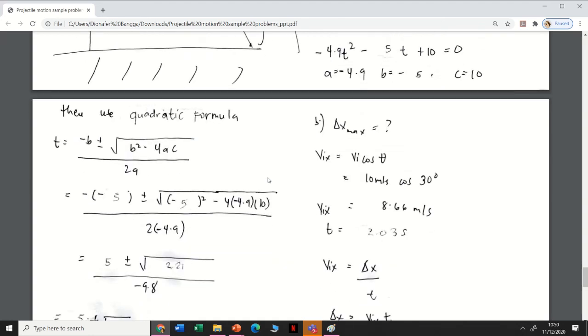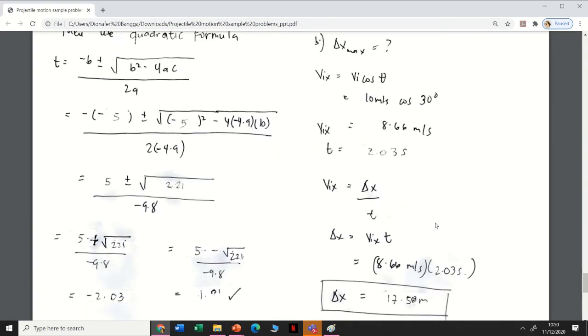So the velocity is just constant along the way, and you can get that by solving Vi cosine theta, because we are given Vi, which is 10, and cosine 30. 30 is the angle given a while ago, and it would give us 8.66 meters per second. This is the velocity of your object at every point within that horizontal dimension.